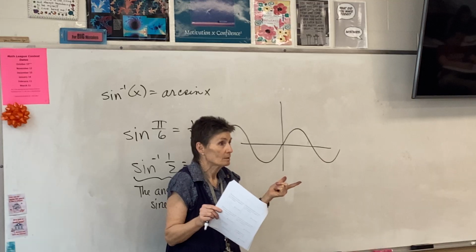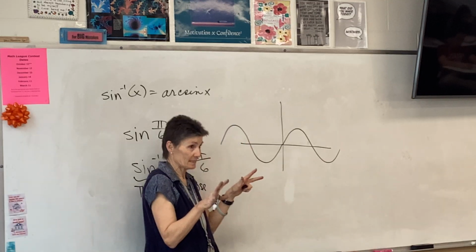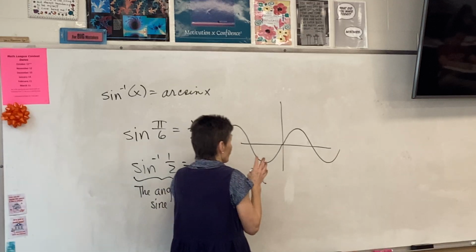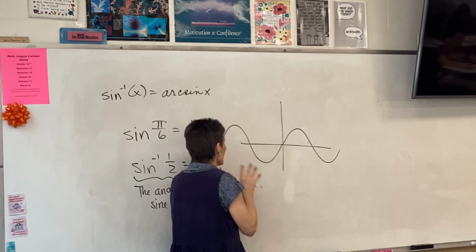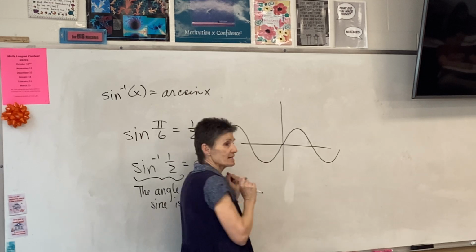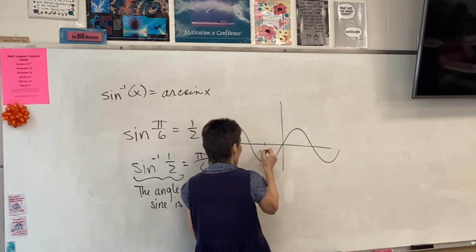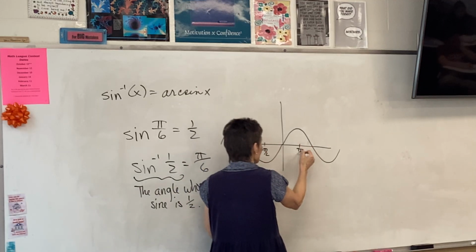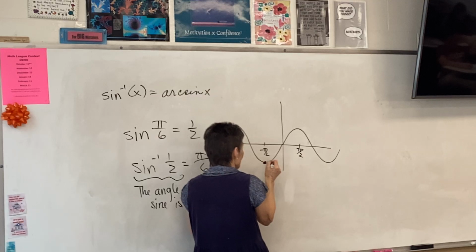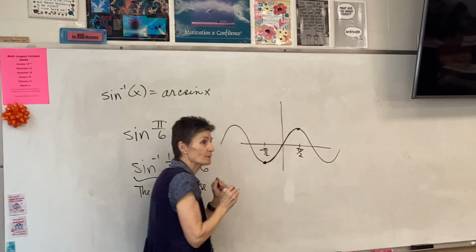Got it? So what somebody a long time ago did was say, all right, when we're considering inverses, we're not going to look at the whole picture because this thing is not one-to-one. So we're only going to look at the part of the sine curve from negative pi over 2 to positive pi over 2.